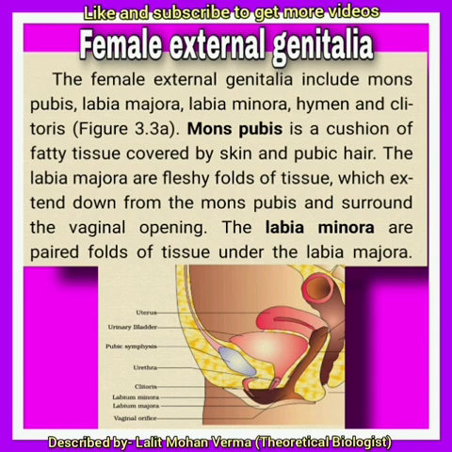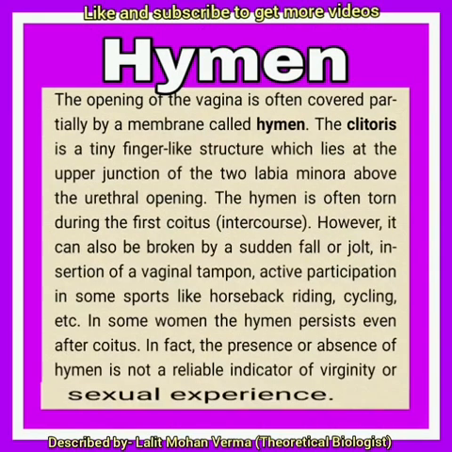Mons pubis. It is a cushion of fatty tissue covered by skin and pubic hair. Labia majora. These are fleshy folds of skin extending from mons pubis surrounding the vaginal orifice. It is homologous to scrotum.